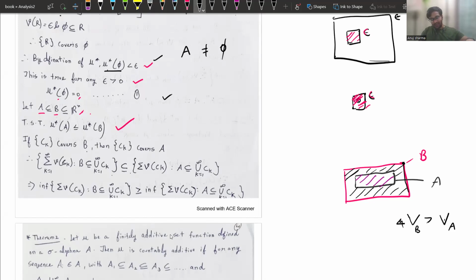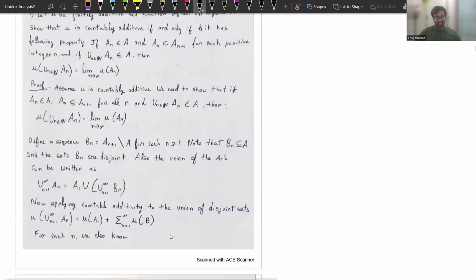Because you're keeping a book A, and above that you're keeping another book B. So the volume of the larger book is greater than A. So you can say that the smaller rectangle A is contained in B. Think of it like a large book that is kept on a table, and a small book that is kept on it, right?